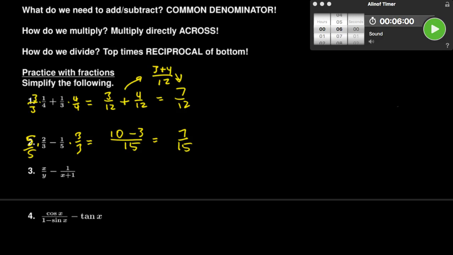Alright, so now we have the same exact thing with this. The only difference is instead of multiplying by numbers, we'll just multiply by variables, which is kind of the same idea, because a number is a symbol, a variable is a symbol. The number is just a symbol that has a specific value to it.